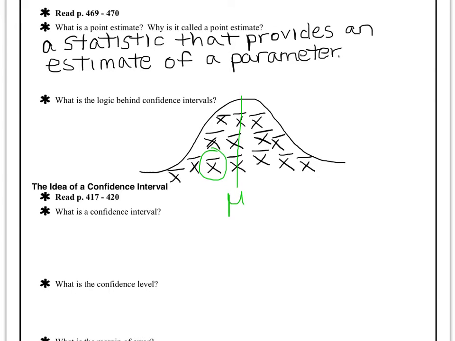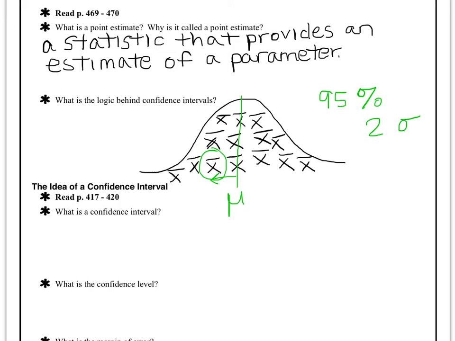I also know that this is some distance away from that. Because my sampling distribution is approximately normal, I can measure these distances in standard deviations. And I know things like about 95% of my data is within 2 standard deviations.